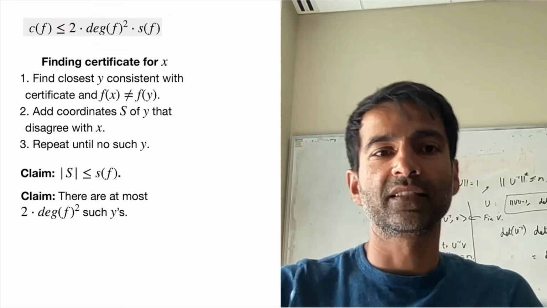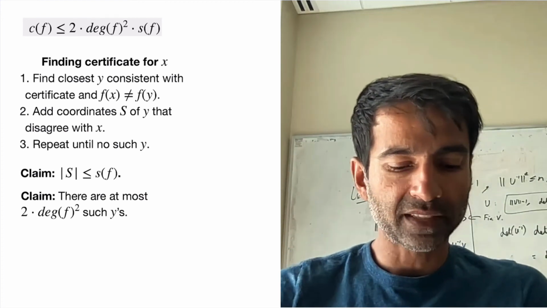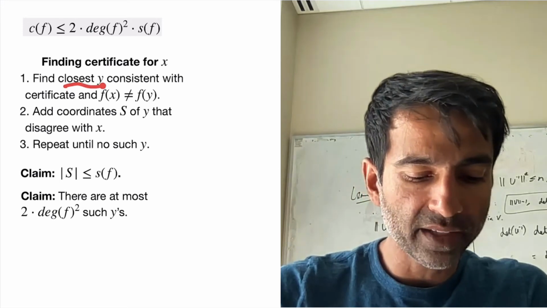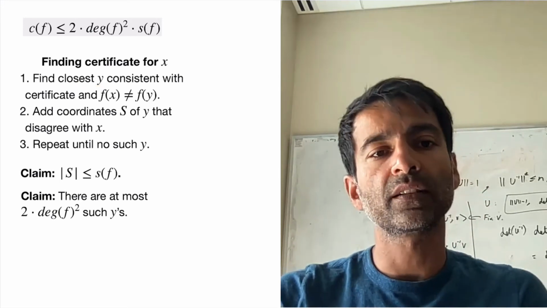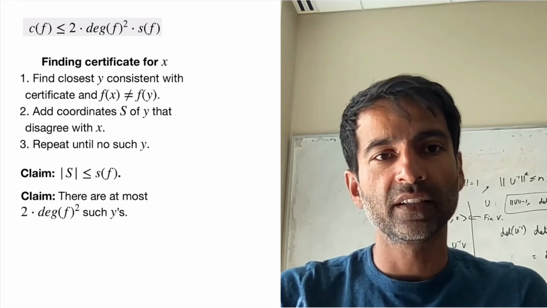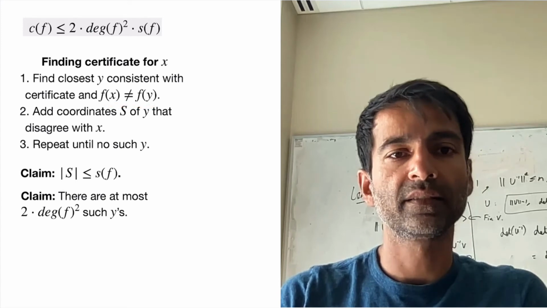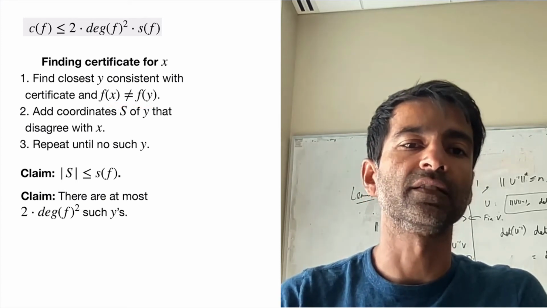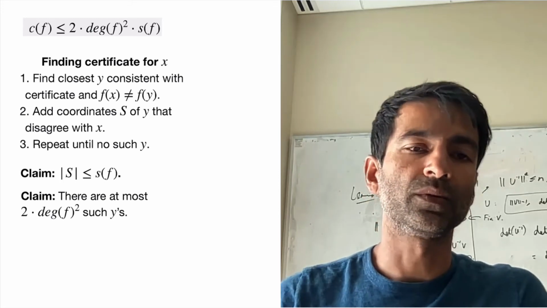So let's look at the algorithm. The algorithm works like this. In every step, we'll find the y that's closest to x, consistent with the certificate we've already found, and yet f of x and f of y disagree. So find the y that disagrees with x under the function f and is closest to x.